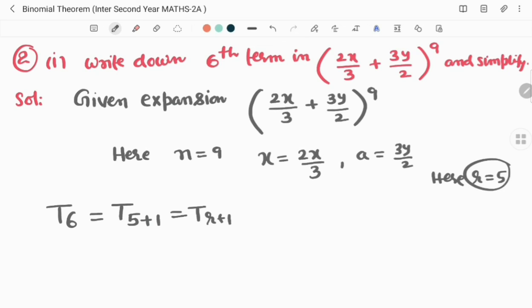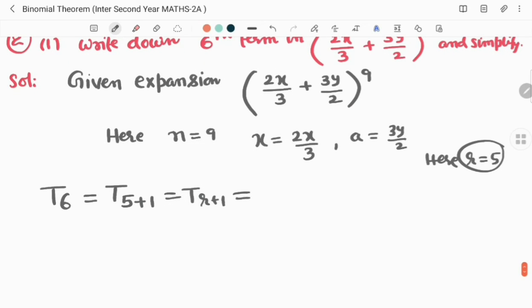We got it here, r is equal to 5 now. So what is the general term of the expansion? The general term T(r+1) is equal to, I am just writing the formula, nCr x^(n-r) a^r.